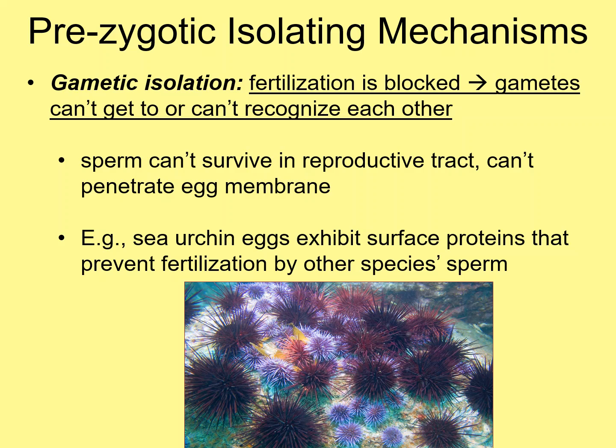This is a complex system involving different kinds of recognition proteins. And so if that recognition handshake doesn't happen on the surface of the egg with the sperm cell, then fertilization does not occur. So gametic isolation is pretty much your last step right before fertilization occurs.